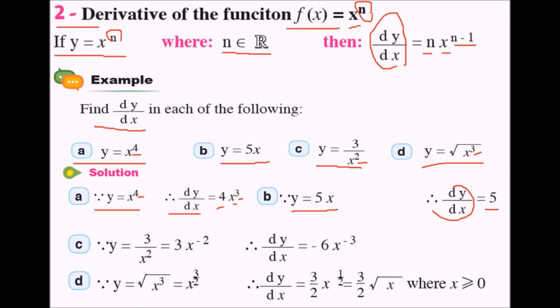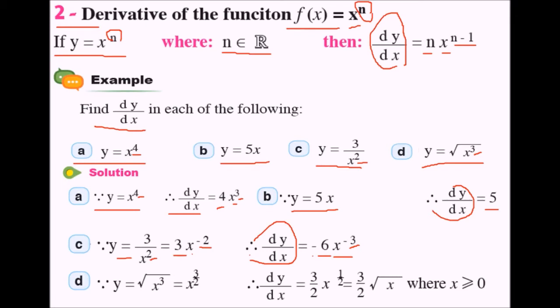C. Since y is equal 3 over x to the power of 2, then y is equal 3x to the power of negative 2. Then dy by dx is equal negative 6 x to the power of negative 3.